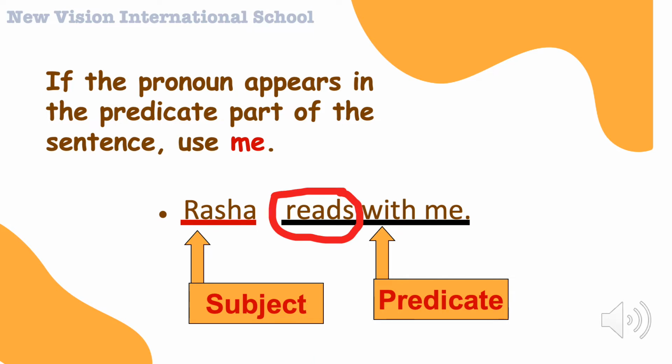Why did we use the pronoun me instead of I? It's because it is found in the action part of the sentence. It is written after the verb reads. So it should be me, not I.